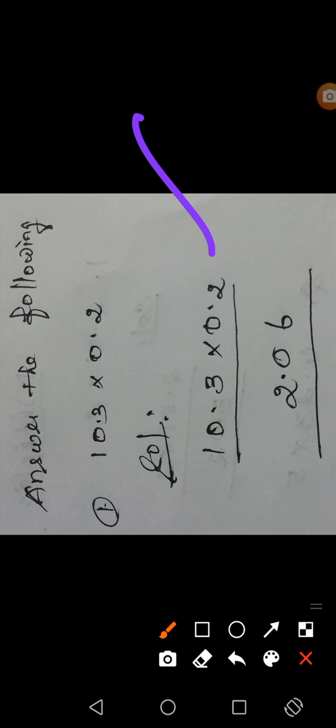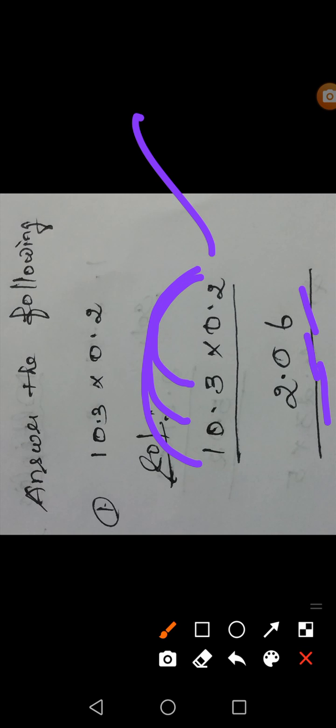Next, one more question. Already we observed products where both numbers have decimals. How to implement: 10.3 into 0.2. In the given question, the product of 2: 2 threes are 6. 2 into 0 is 0. Why? We know that the product of any number with 0 gives 0. 2 into 1 is 2.